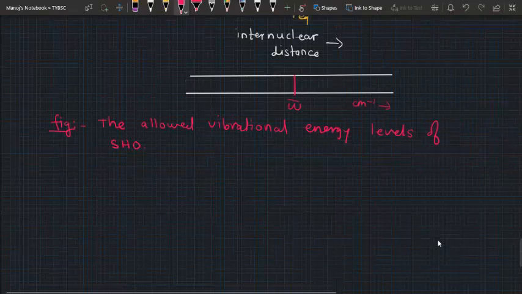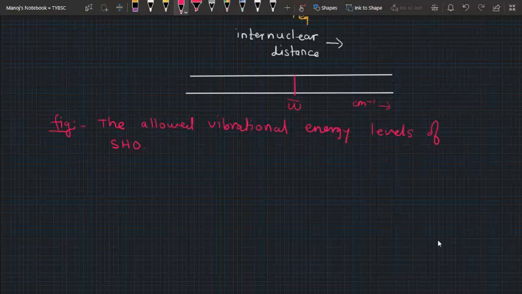Now, applying the selection rule, the transition or the energy of this line can be calculated.